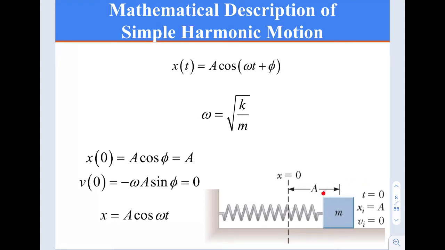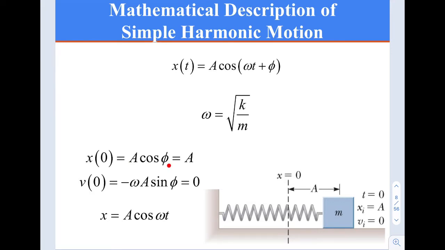So how do we translate this situation into an equation? You may see here, at t equivalent to 0, omega t is going to be 0. Consequently, x, whenever t is 0, is only equivalent to A cos phi.